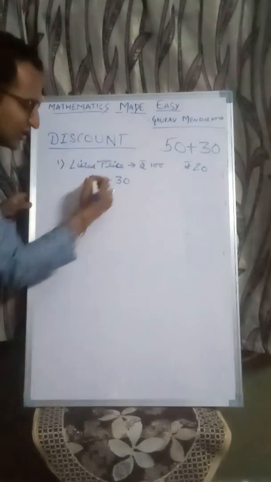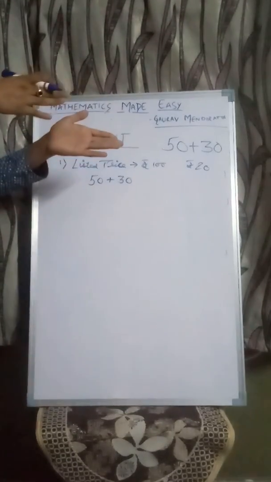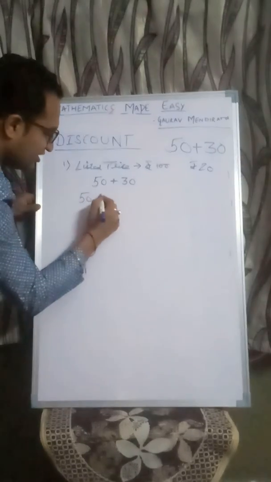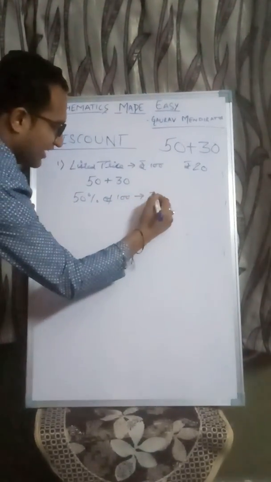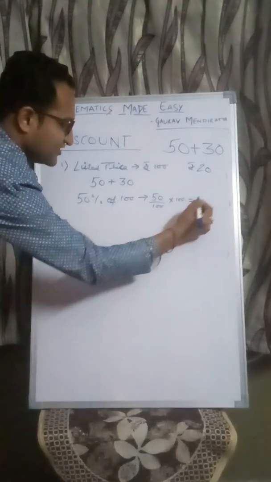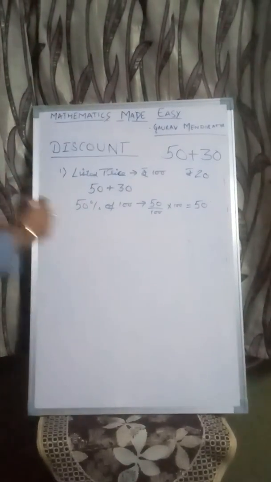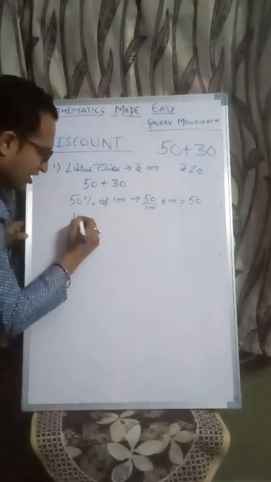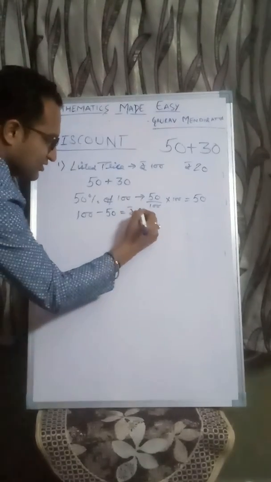So how will you do that? First you will calculate the discount of 50% because the 50 is the initial discount. The one that is written on the left hand side is the initial discount that they are offering. So if I calculate 50% of 100, that would be 50 by 100 into 100, that's 50 rupees. So this is your discount, and the remaining price would be 100 minus 50, that is 50 rupees.